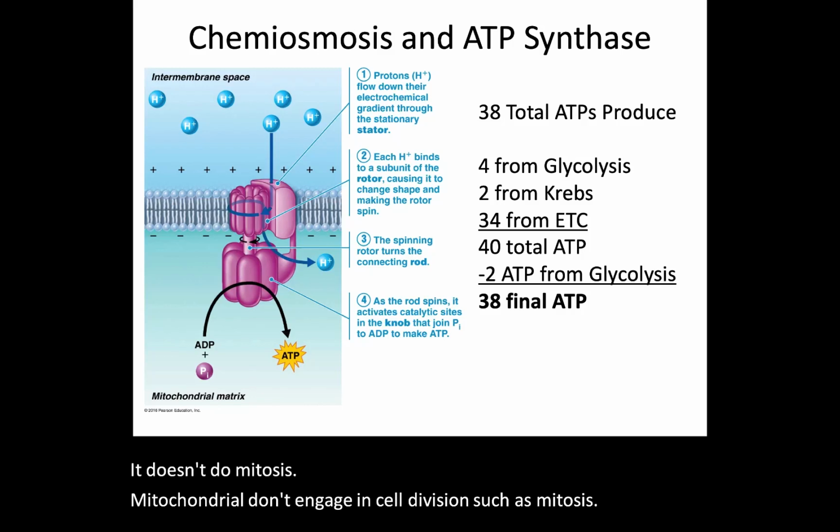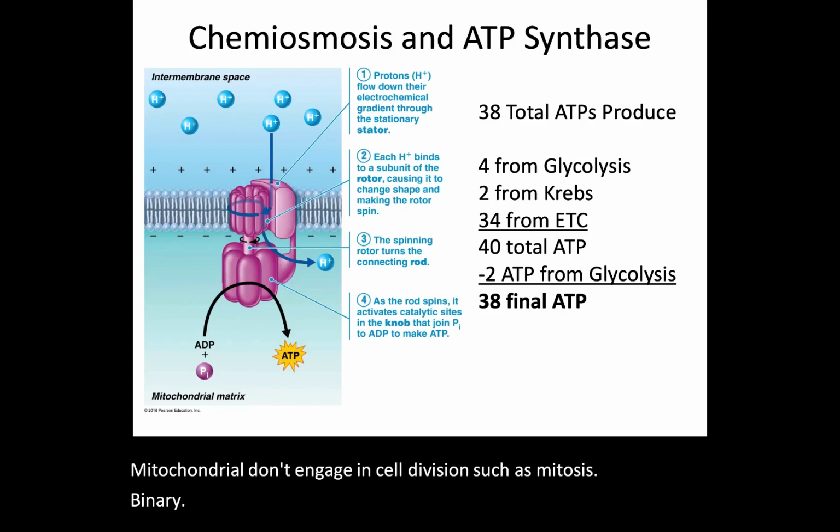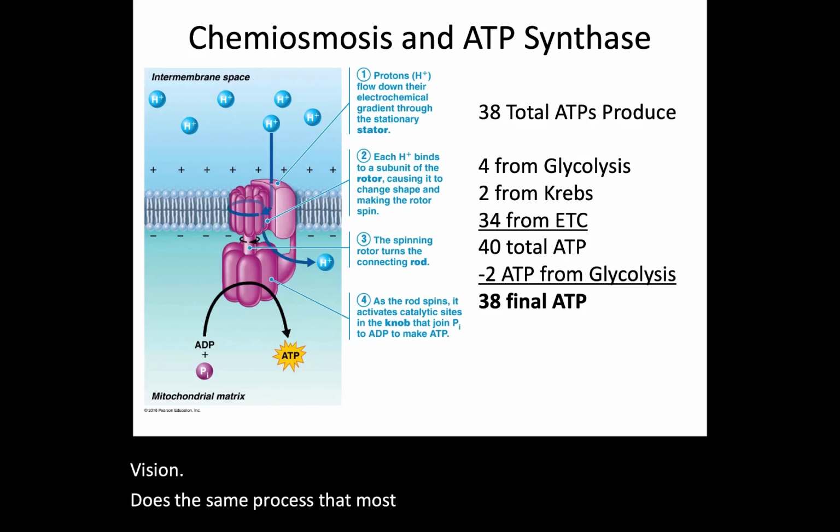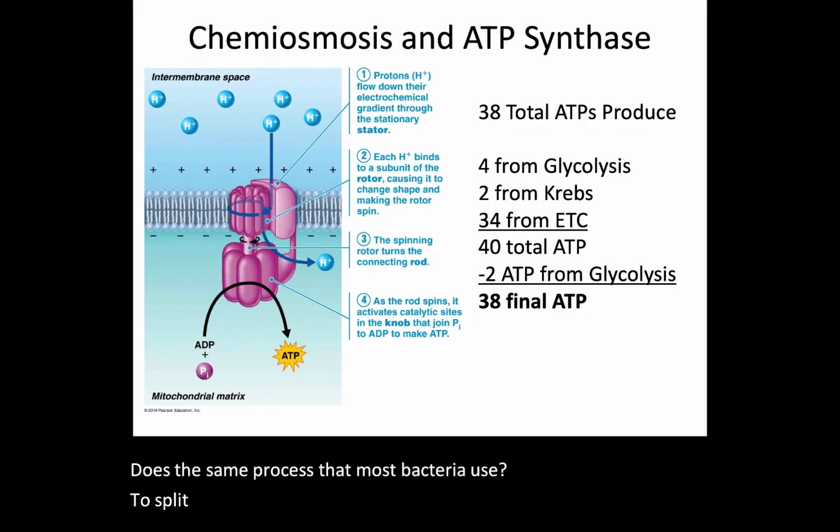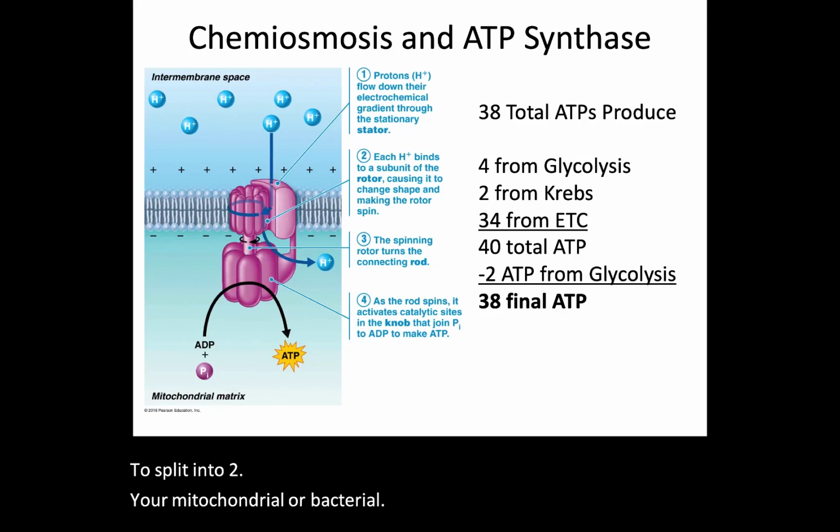Binary fission, which is the same process that most bacteria use to split into two. Your mitochondria are bacterial. It's a remnant leftover, highly effective, primitive bacteria living in each and every cell of your body.